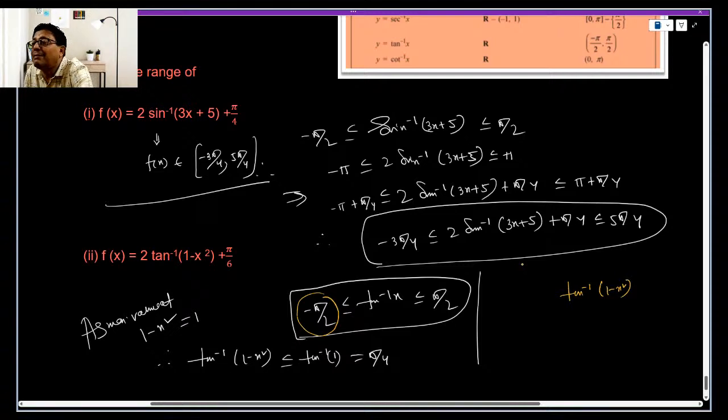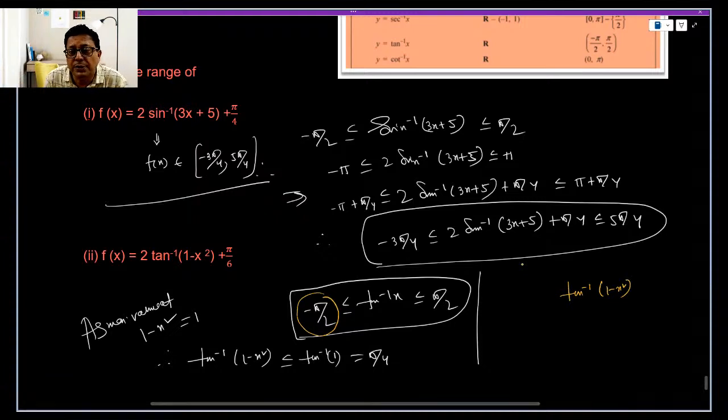Only the maximum value was pi by 4, not pi by 2. You will not move it because of 1 minus x square. Only x is not a problem. 1 minus x square is there. The maximum value we need to consider over there. Minimum value is what? Take x very close to infinity, we are getting very close to minus pi by 2. So it will not change.